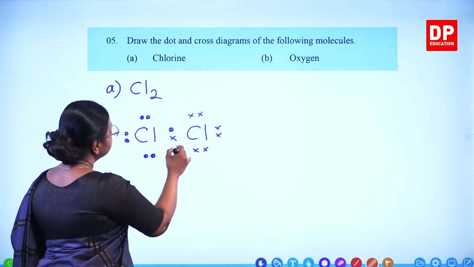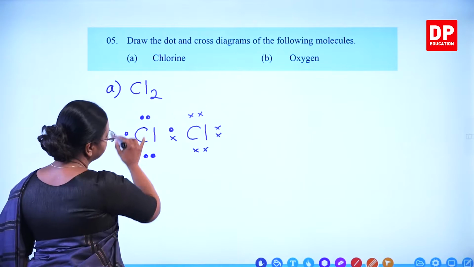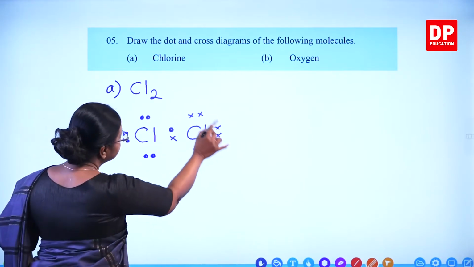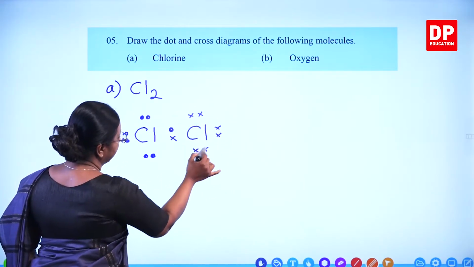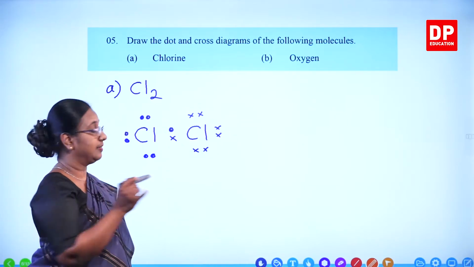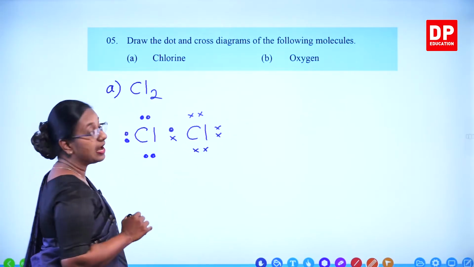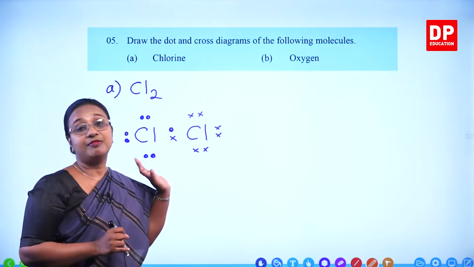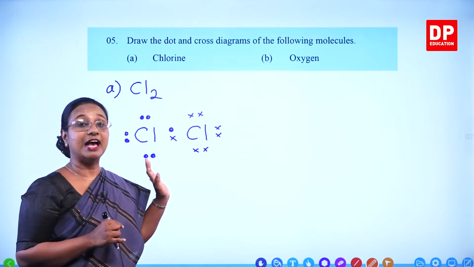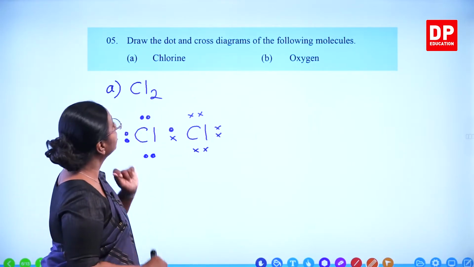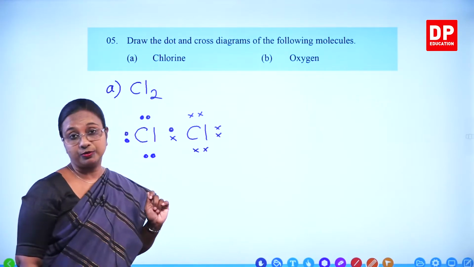So now count and see 2, 4, 6, 8. Octet has been achieved. And this chlorine also 2, 4, 6, 8 octet has been achieved. And this is the bond pair electrons. This is for you all to recall what we have learned before. So this is the dot cross diagram of chlorine.